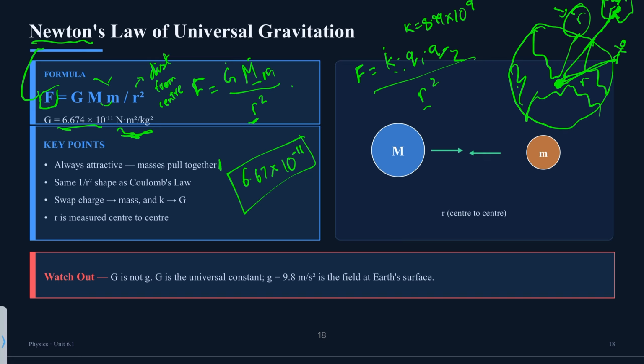And then big M is just the first mass. Little m is just the second mass, okay? Both are masses. One doesn't need to be bigger than the other, but they're just both masses, right? We just denote them as capital M and lowercase m because oftentimes we use a larger mass and a smaller mass, like a planet and a human, or something along those lines.